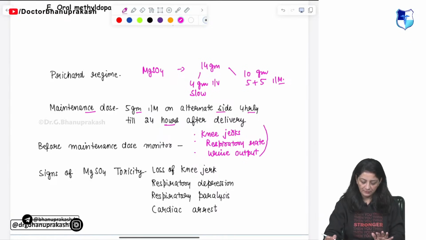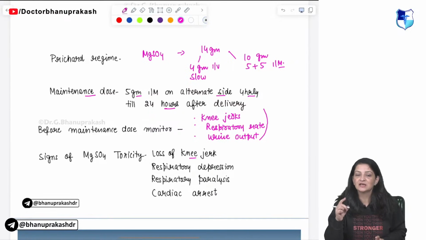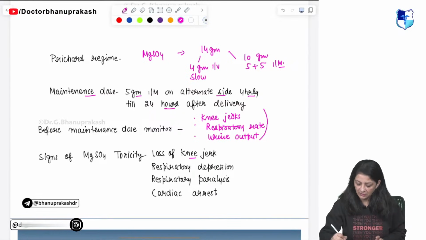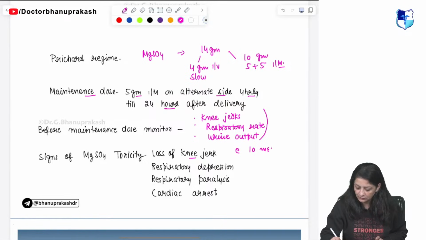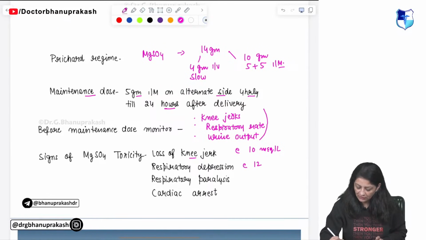Very, very important. Signs of magnesium toxicity. First sign is loss of knee jerk at around 10 milliequivalent dose. Respiratory depression at around 12, respiratory arrest at around 15 and cardiac arrest more than 24.